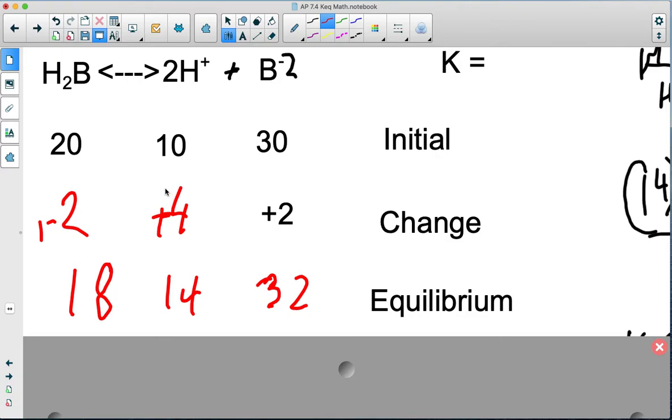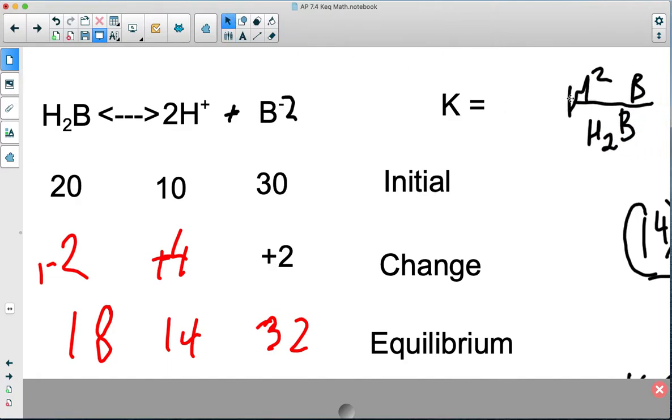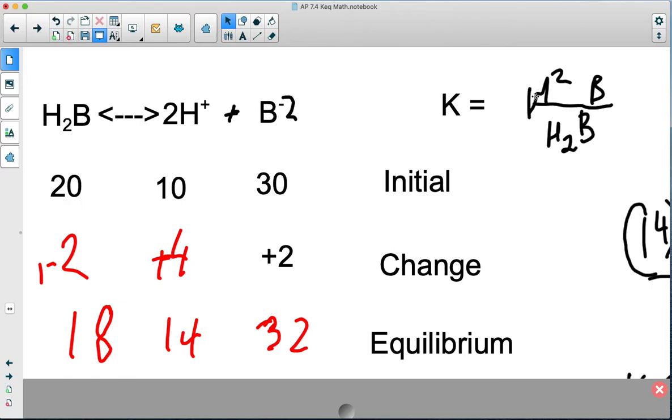Okay? My equilibrium expression for this puppy is going to be the ratio of products over reactants. For this one, it is going to be this monster. Okay? H plus squared over B2 minus, times B2 minus over H2B. And this one is squared, these ones are just 1, because this is our next sort of warm-up level problem.